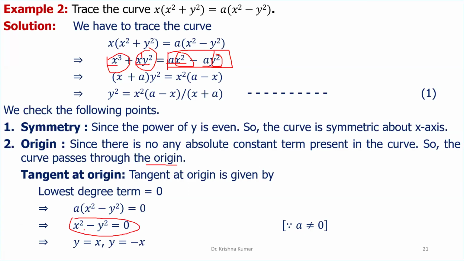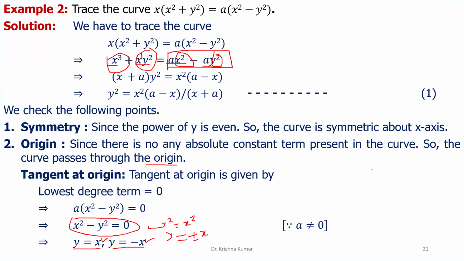So y square is equal to x square. If we take the square root of both sides, y is equal to plus minus x, or y equal to x and y equal to minus x. So at origin, there are two tangents: one is y equal to x and another is y equal to minus x.